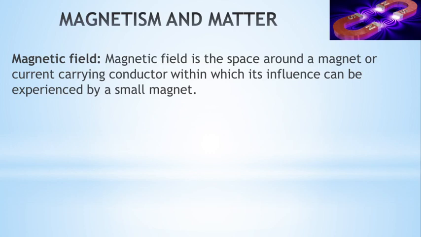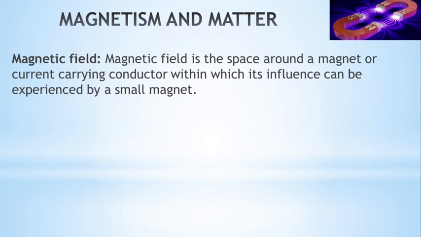Okay, see the definition. Magnetic field is simply the space around the magnet. In that space, you will be influenced by a force, or if you bring a small magnet into that region, it will experience a force. That region is called the magnetic field.